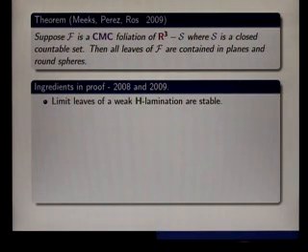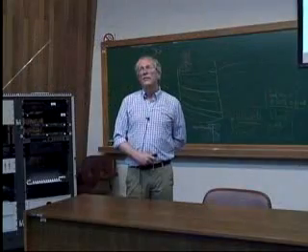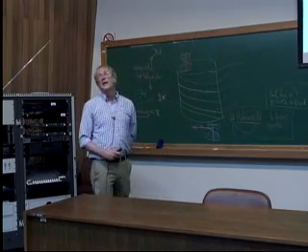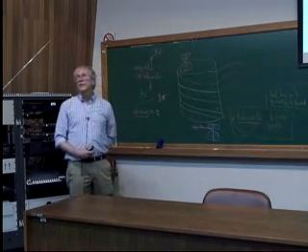But the crucial thing here is that the limit leaves of an H lamination are stable. This was used a lot by a number of different people. Colding, Minicozzi, Harold and I have used this a lot, but we only really used that the universal cover had this property, that the universal cover of a limit leaf of such a structure was stable. That's sufficient to get curvature estimates.